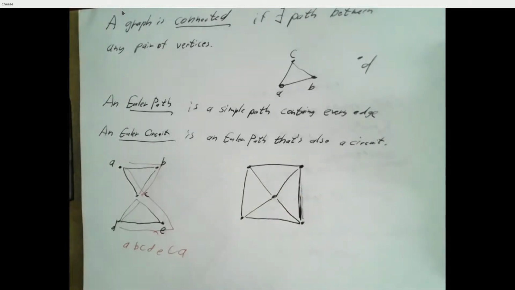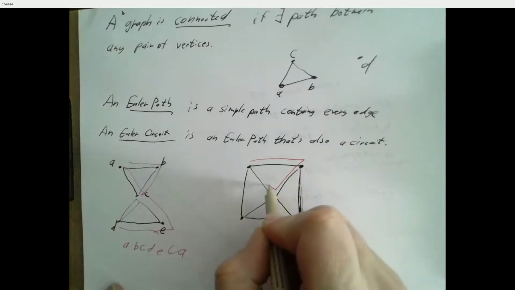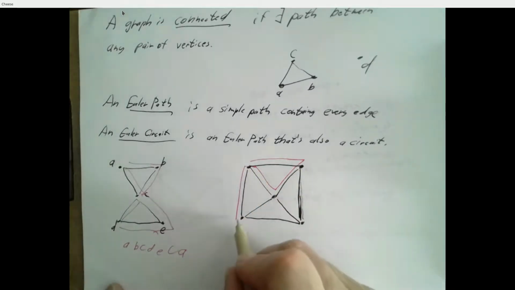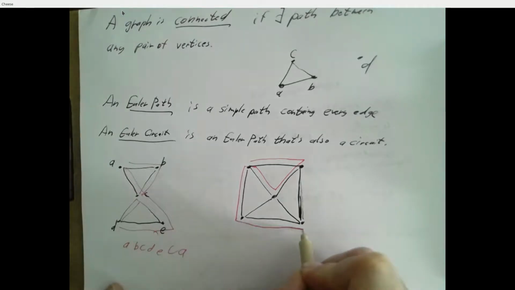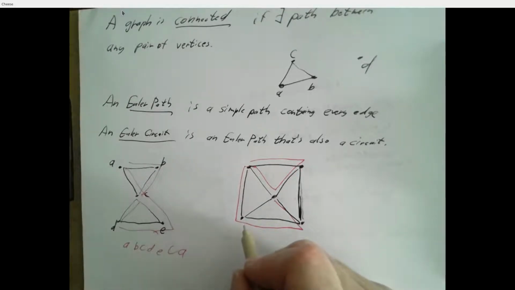That's a single edge. All right, so how about this graph? Is there an Euler path through here? Doesn't look like it. No matter what you try to do, you seem to get stuck in the corners at some point.